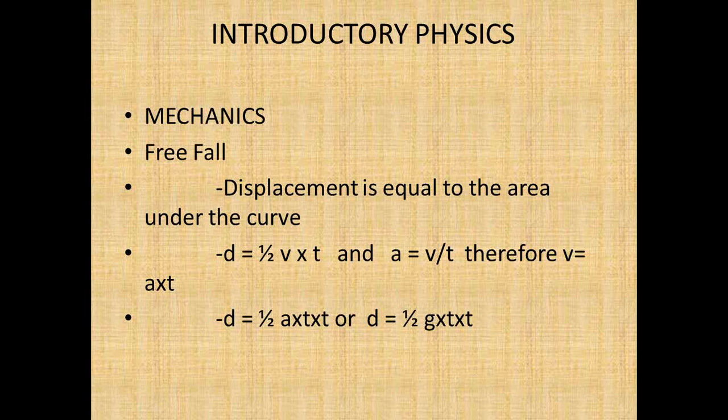So if two persons are doing this experiment, you can time when someone drops an object, and just from the time, you can calculate how far up the person was when they dropped the object, because displacement or distance traveled is equal to half or 0.5 times g, acceleration due to gravity, times time squared.